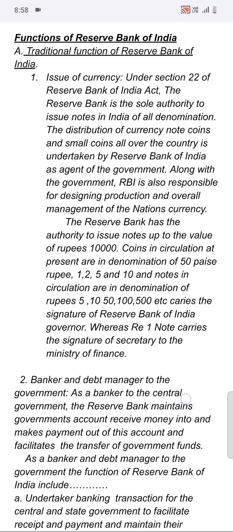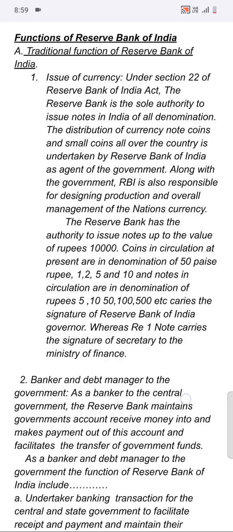The Reserve Bank of India has the sole monopoly to issue currency notes up to the value of rupees 10,000. Coins in circulation at present are in denominations of 50 paise, but mostly 50 paise is not seen at present, rupee 1, rupees 2, rupees 5 and rupees 10.